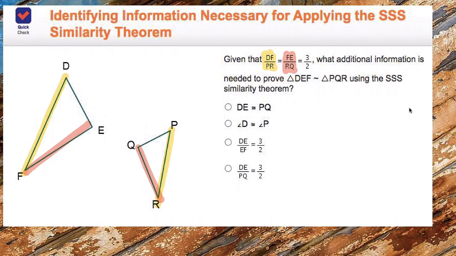So the sides that we do not have currently are DE and PQ. And that's a side that we need. In order to use side-side-side, you need ratios of all three sides. Since we know from this statement that they have given us, we want them to be equal to 3/2 in order to be proportional, so that all three sets of sides can reduce to that same scale factor.